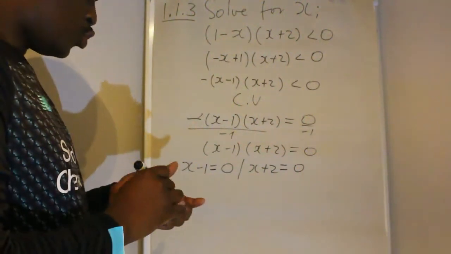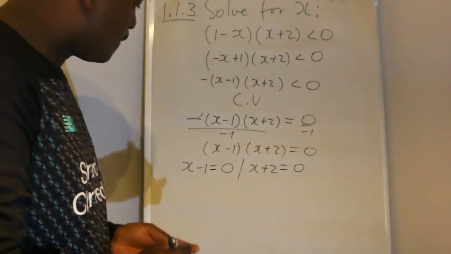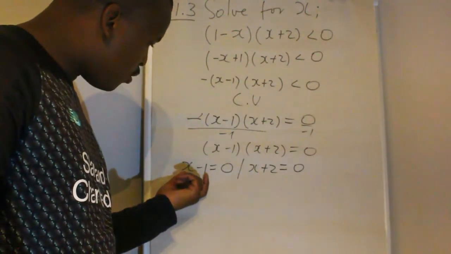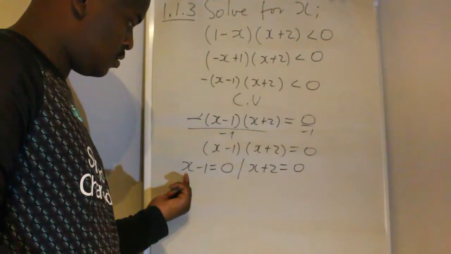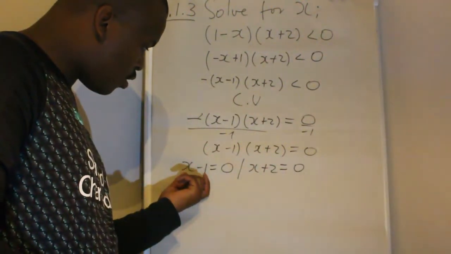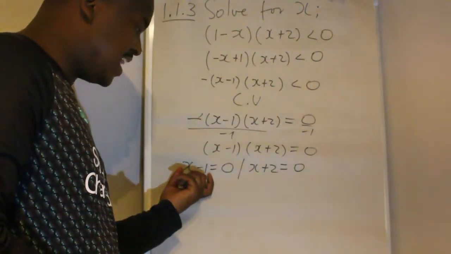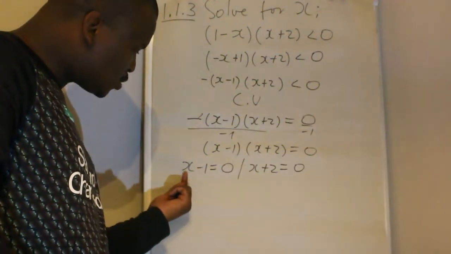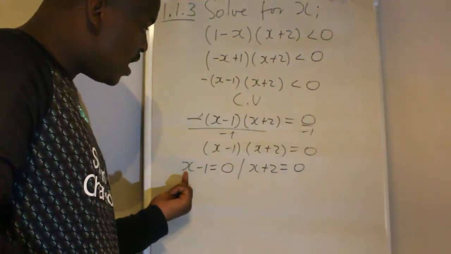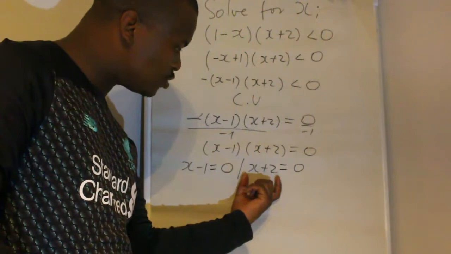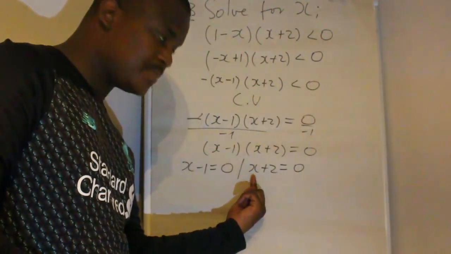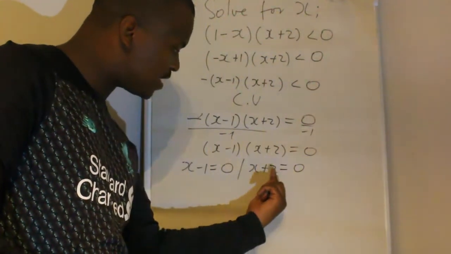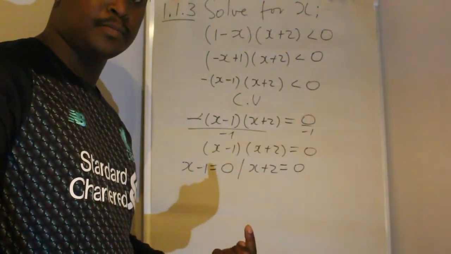To get x minus 1 to be 0, x must be 1. Equivalently, if you want x plus 2 to be 0, x must be negative 2, so that negative 2 plus 2 gives you 0.